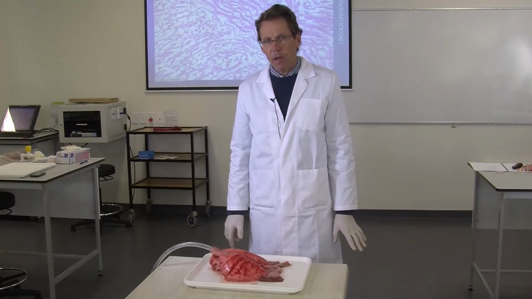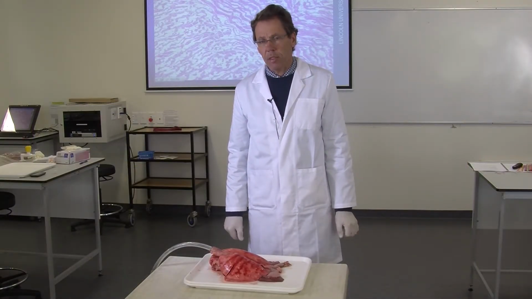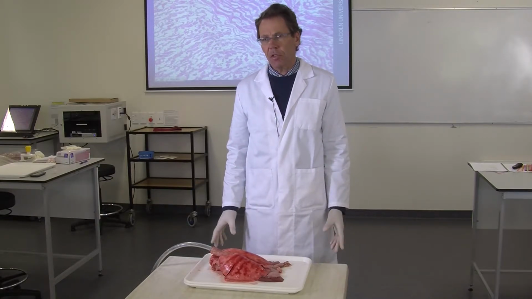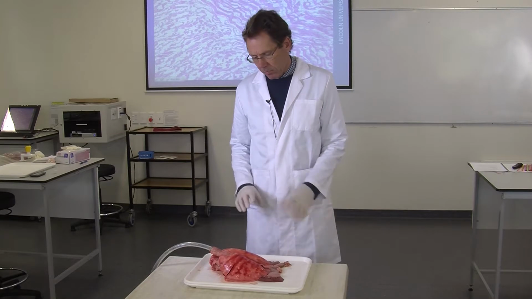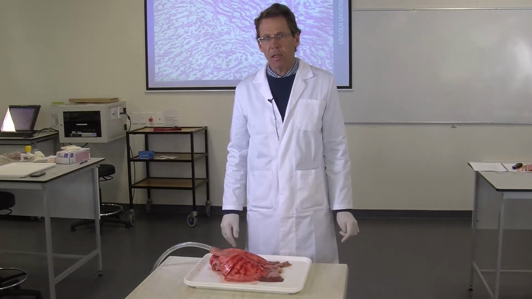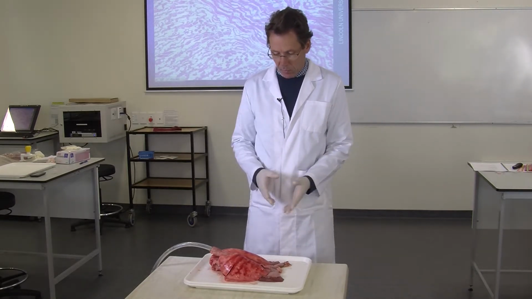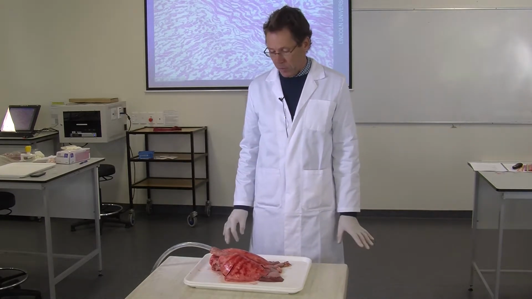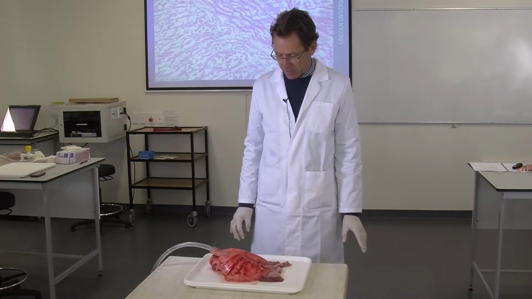So here we have heart and lungs from a sheep, and just going to demonstrate how different the lungs are when they're actually in the animal, as opposed to when we've taken them out of the animal and then take a small piece from those lungs to have a look at under the microscope.